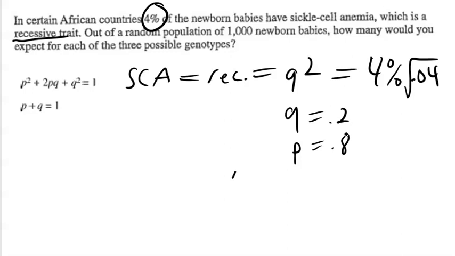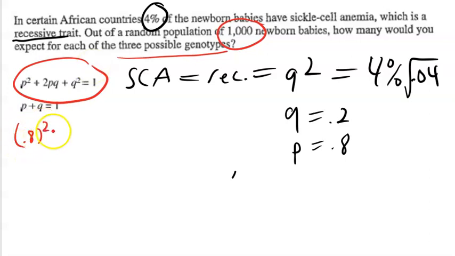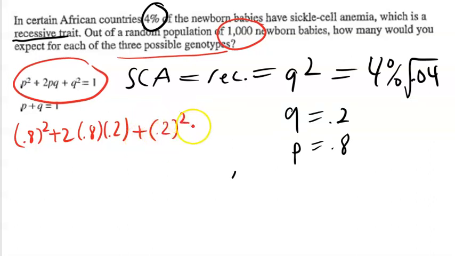Now we're ready to plug in any of these numbers to figure out any sort of question that they could ask. Let's see what they're actually asking. They're asking in a population of 1,000, how many would you expect for each of the possible 3 genotypes? So it's a good idea that you know how to do all 3 genotypes. Again, we look at this equation and plug in our numbers: 0.8 squared plus 2 times 0.8 times 0.2 plus 0.2 squared.